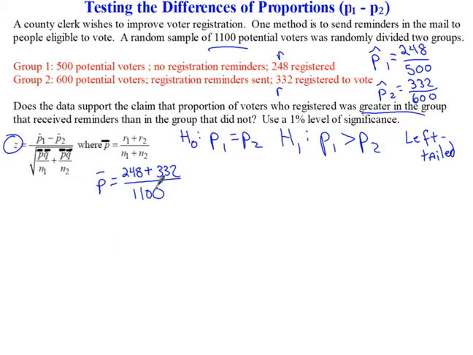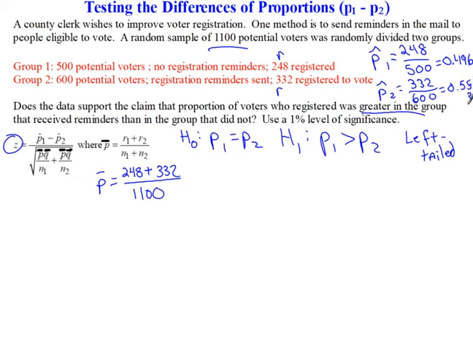Okay, so I'm going to go through and figure out some decimals here. So we'll go 248 divided by 500. Your p hat 1 as a decimal is 0.496. Keep all those. Your p hat 2 is 332 divided by 600. That's going to give you 0.553.